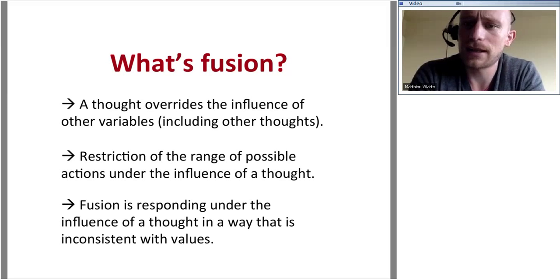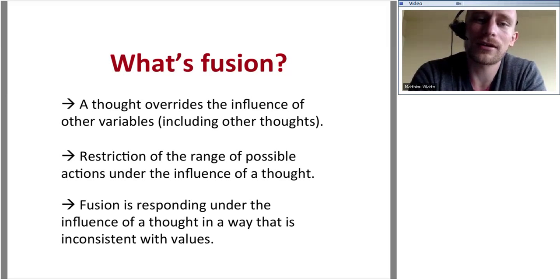That could be a thought that I have right now, and that would override other variables, like, for example, the satisfaction I could get from actually making this presentation, because in this moment, 5 minutes before presentation, the only thing that I can think of is that I am anxious about it. So you see that it overrides other sources of influence.